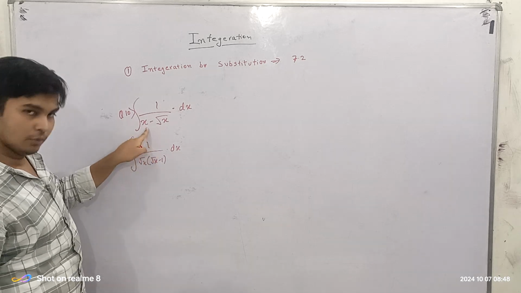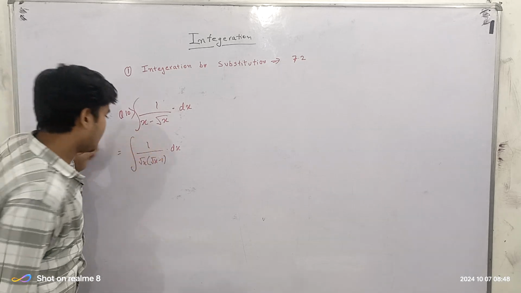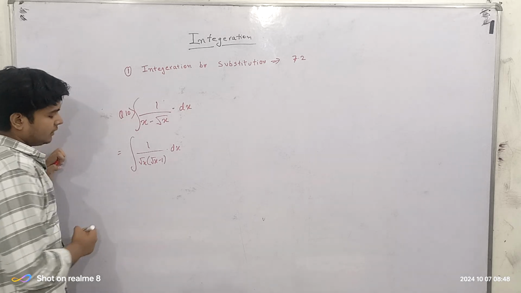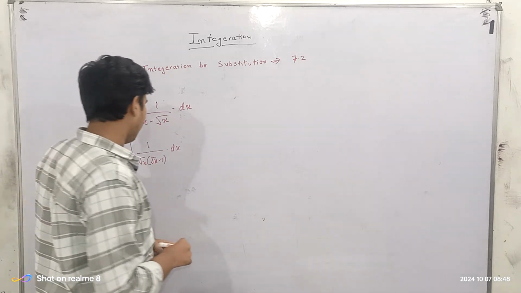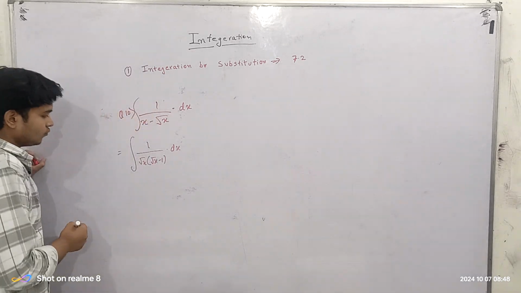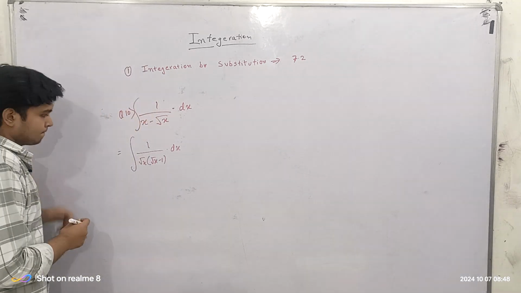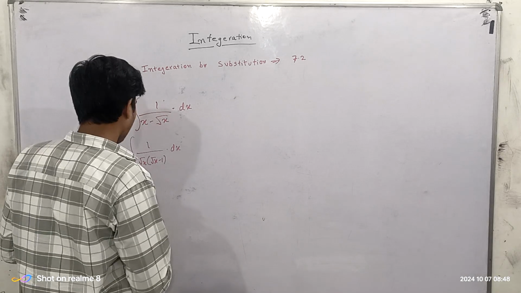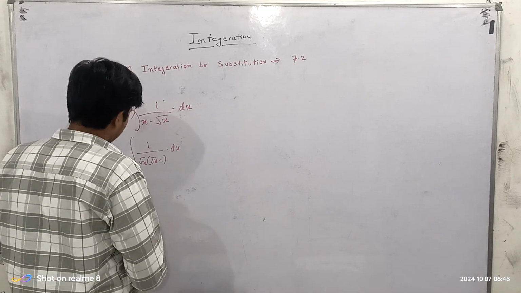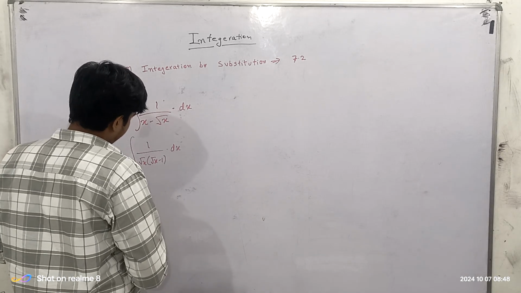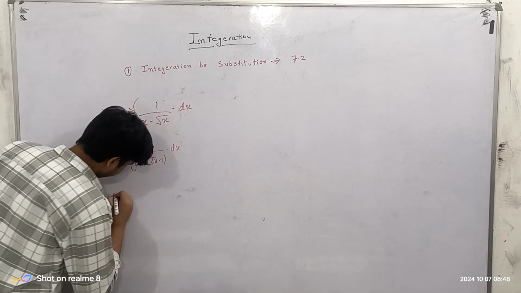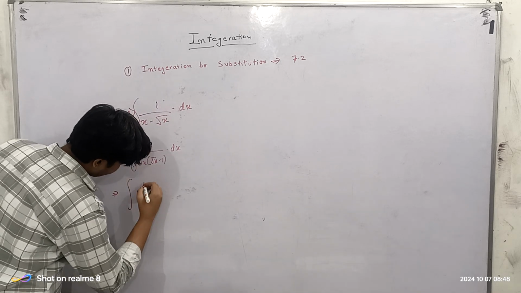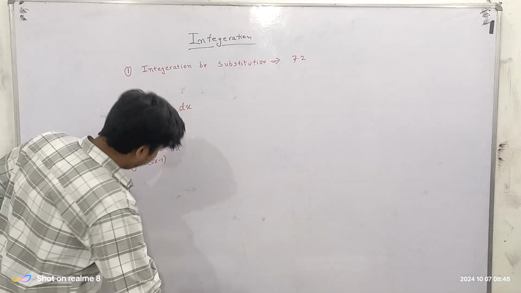Root x here, 2 root x common, x by root x minus 1. We will take root x minus 1.